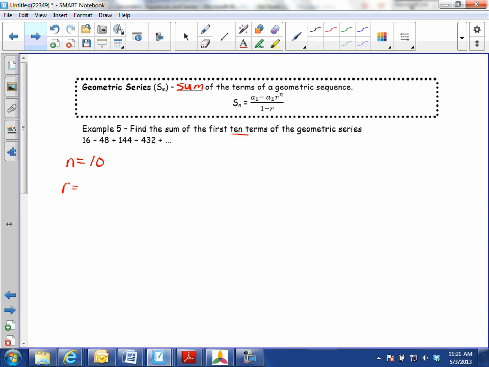I'll take negative 48 divided by 16. That's the ratio, which is negative 3. So then we can just plug into our formula here. The sum of the first 10 terms: first term is 16 minus the first term 16 times r to the 10th power, over 1 minus negative 3.